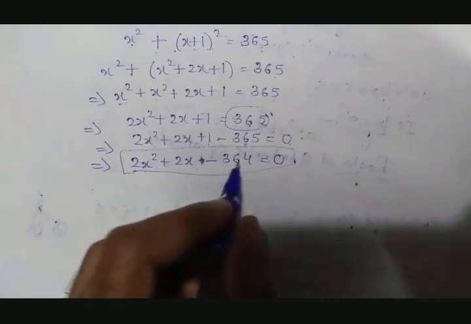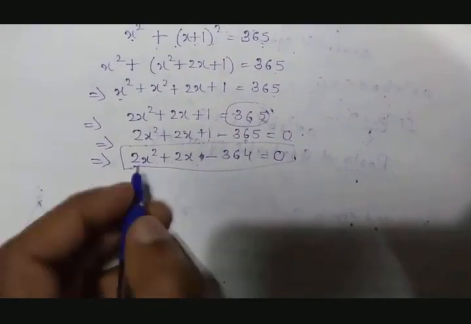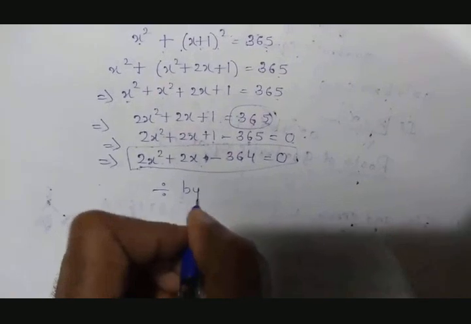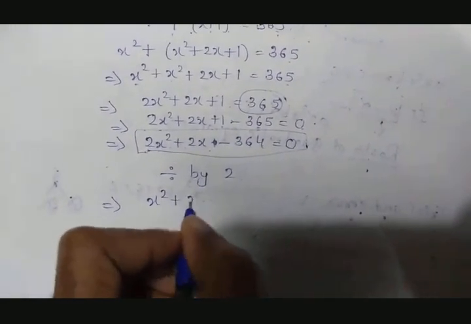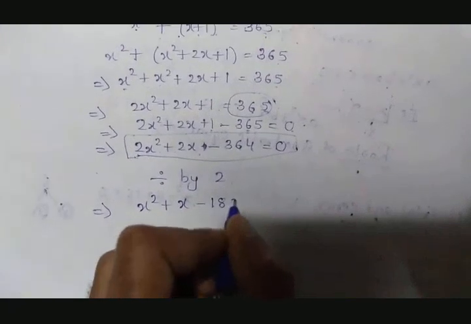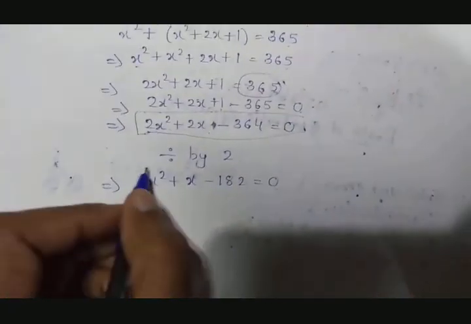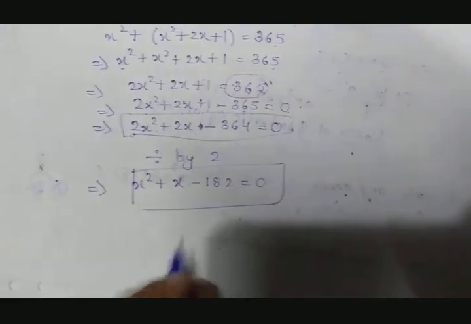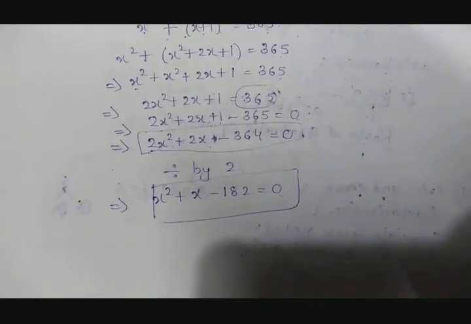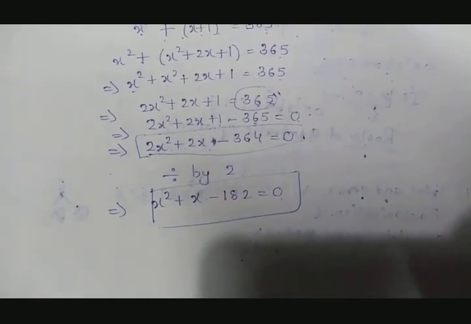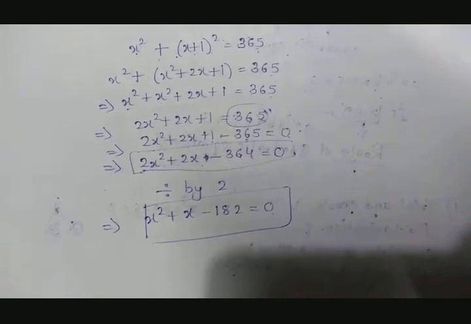Since all these three terms are multiples of 2, we will divide it by 2. So it becomes x square plus x minus 182 equals 0. Now this is of the form ax square plus bx plus c. You can easily factorize it using the method that I had previously discussed.